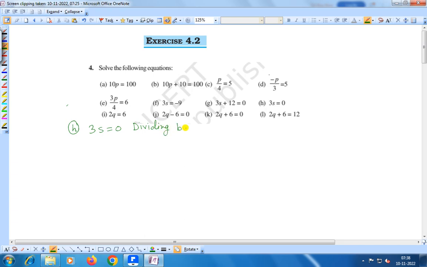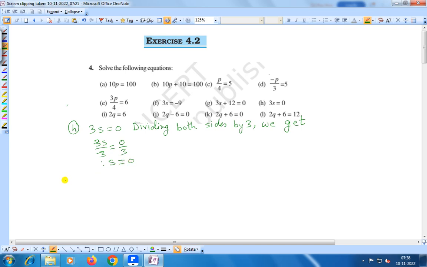Dividing both sides by 3, we get 3s by 3 is equal to 0 by 3. Therefore, these 3s will cut. s is equal to 0.